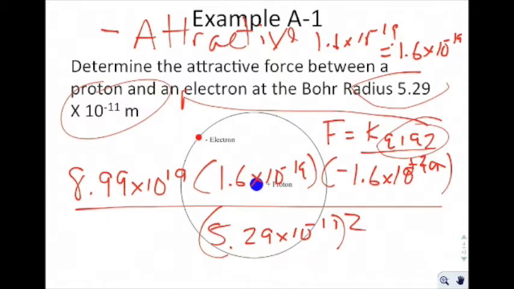You've got to do that twice, and you end up with a fairly small value. You end up with something like 2.72 times 10 to the minus 29th newtons.